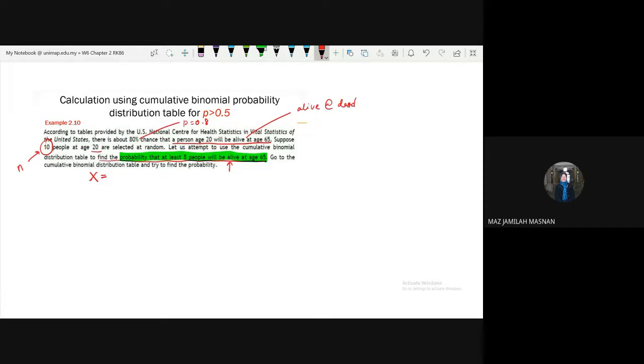How do you define X? Since we are talking about people who will be alive, what kind of people? People aged 20 alive at age 65.